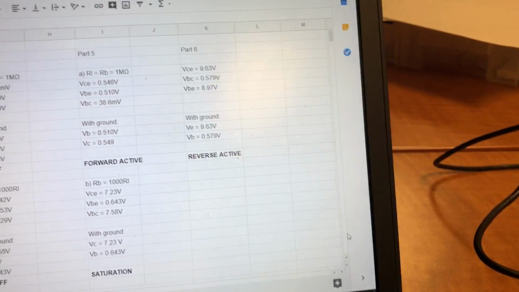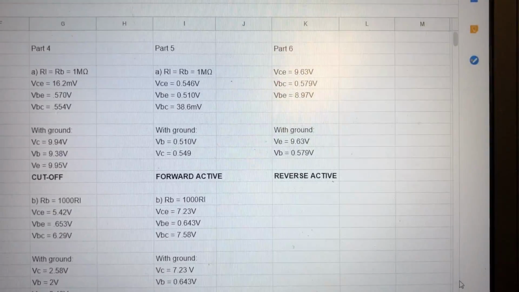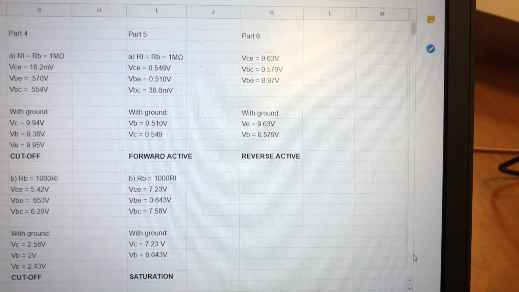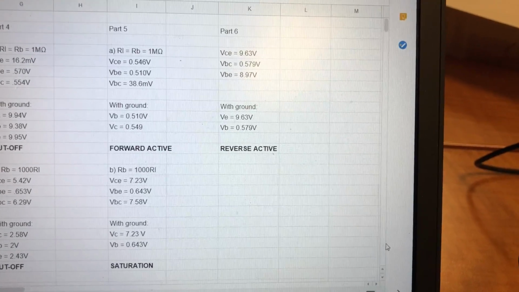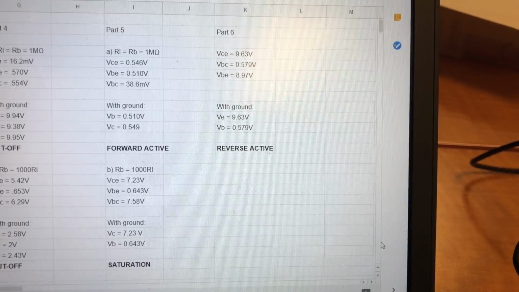Now we're going to move to Part B, and we need to make RB 1000 times RL, which means RL, I'm going to make it 1K.